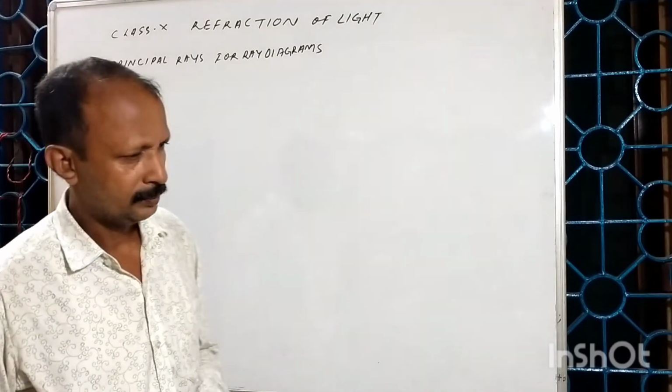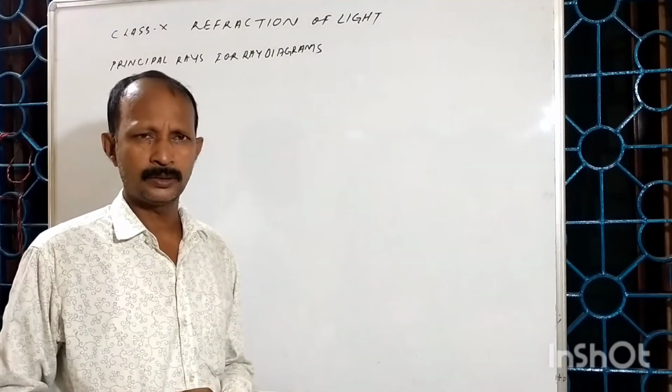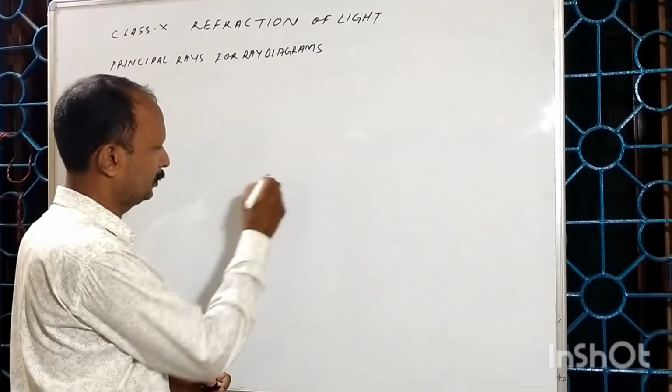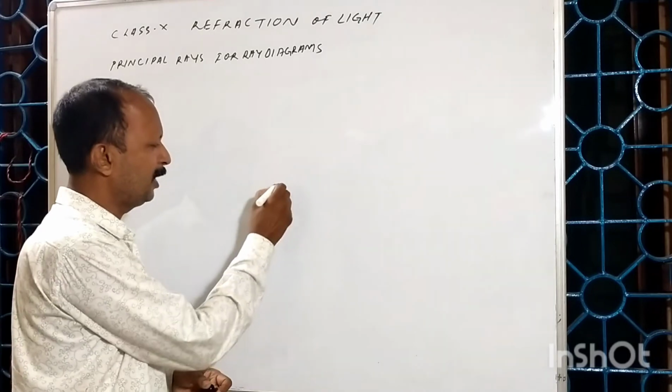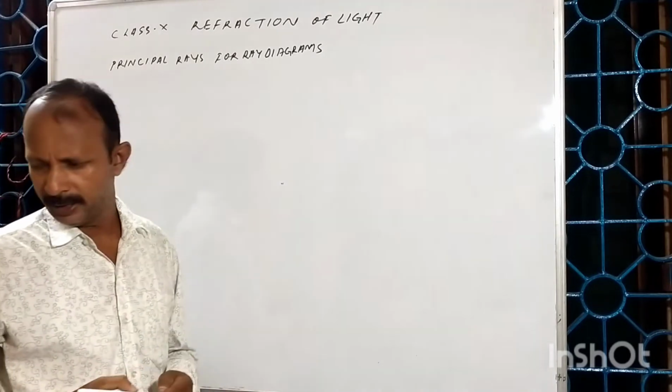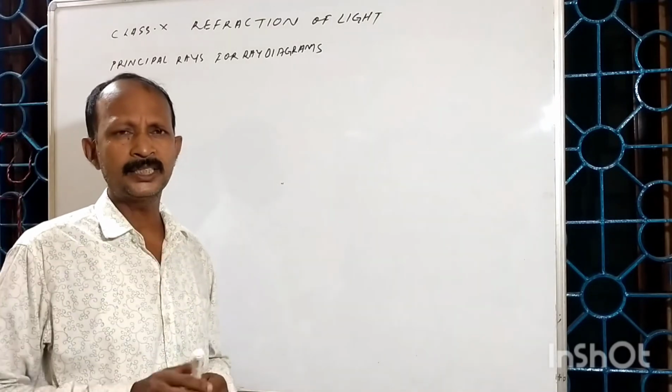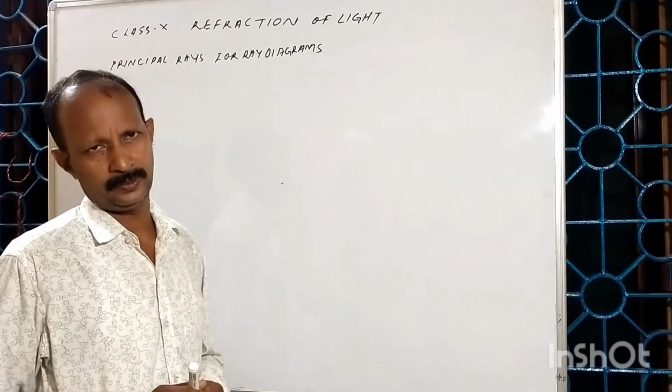You know that to get the image of a point of an object, suppose this is the point, I want the image of this point. So definitely from this point I have to take at least two rays.